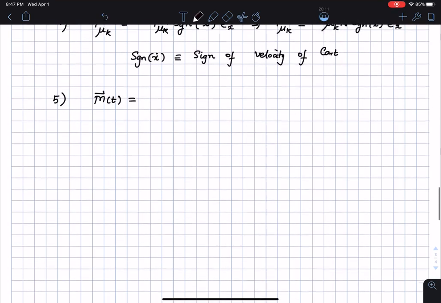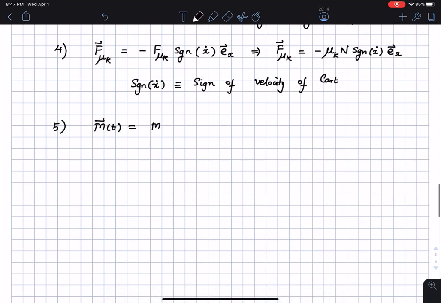Okay, so m of t written as a vector is going to be m of t times EZ, where EX cross EY gives you EZ, and m of t is in the counterclockwise direction.